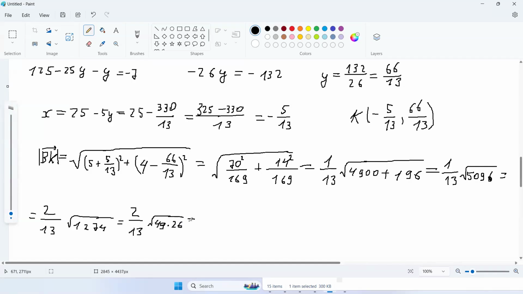So moving out as much as possible. So that's what we have, and this is the length. But if we calculate it, okay, let's leave it as we have. This is the final answer.